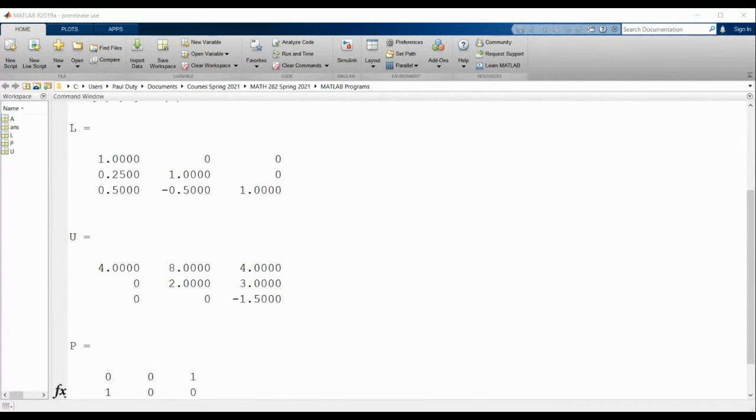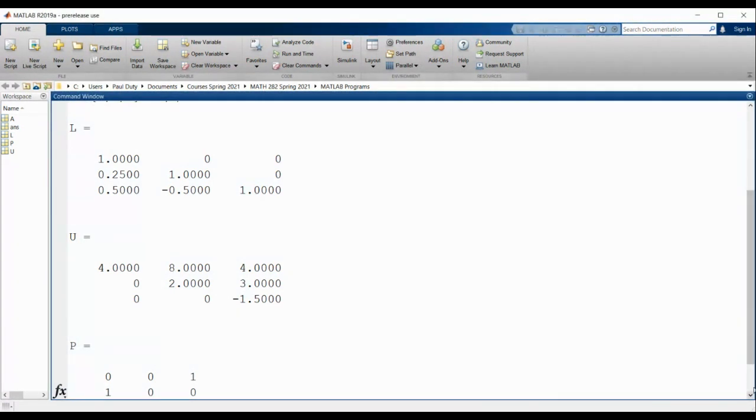It does. That's right, Ariana. Absolutely. That's right, Nafani. Does the matrix U match what you have in your notes? It does. Very good, Abby. Very good, Nafani.